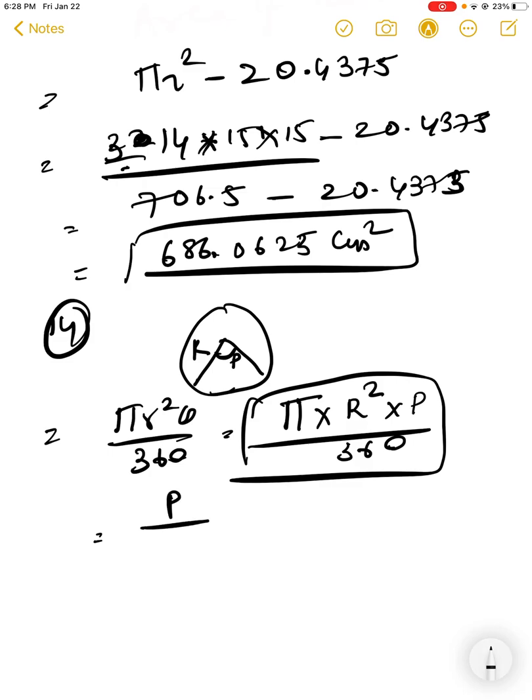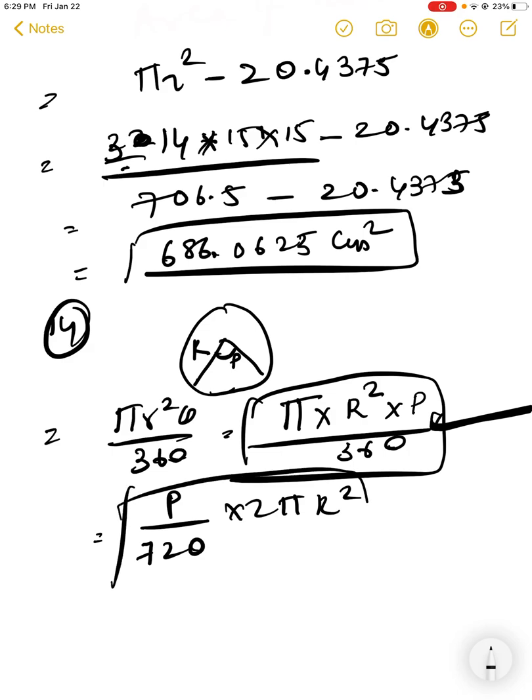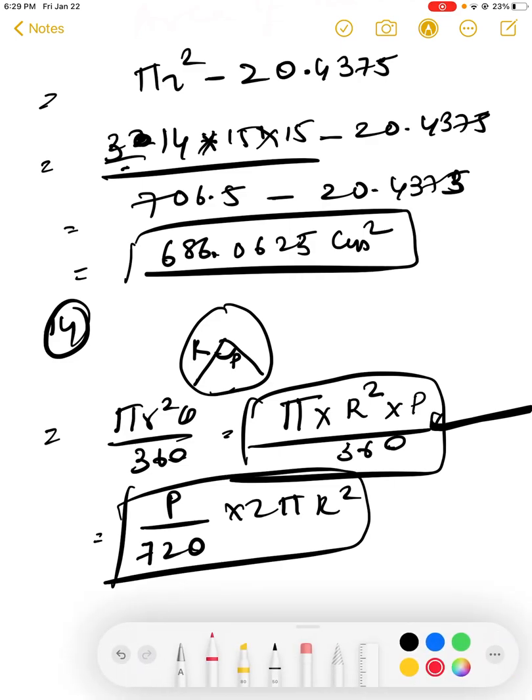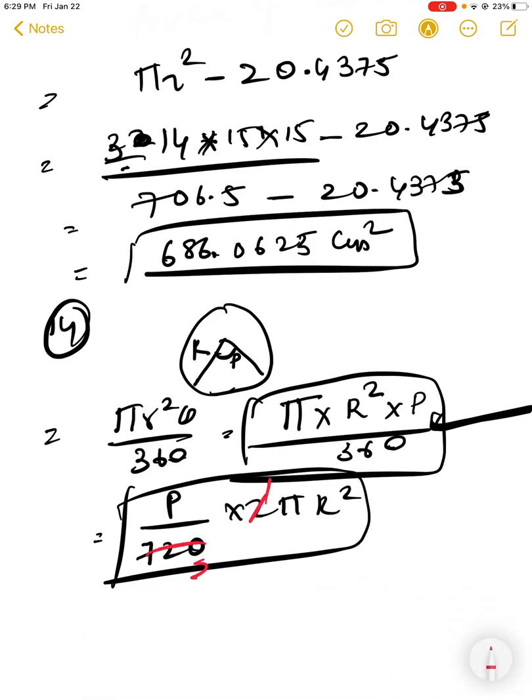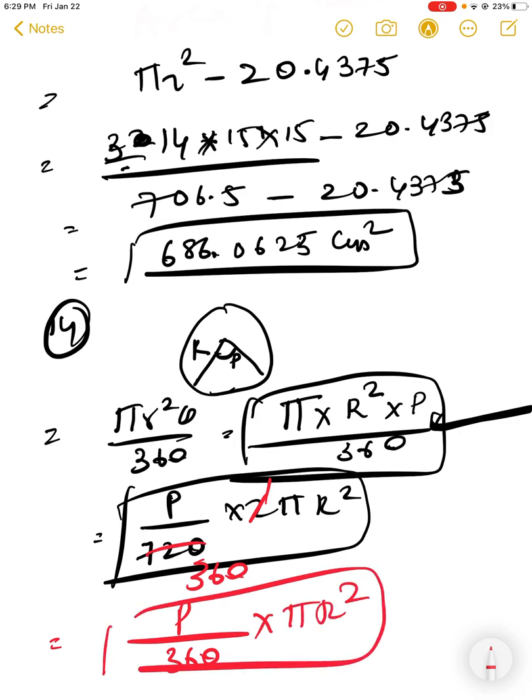Here this answer is correct: P upon 720 into 2 pi r square is correct. This is the area of the minor sector. The direct answer is not given, but if you take this one, it is correct. Why? Because 2 ones are 2, 2 360s are 720. So ultimately it comes to be P upon 360 into pi r square. So option D is correct.